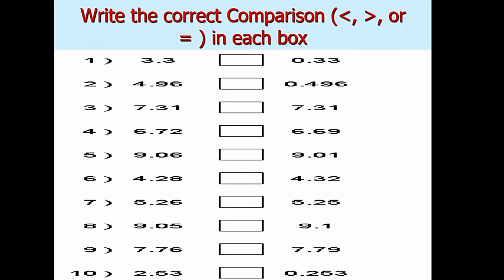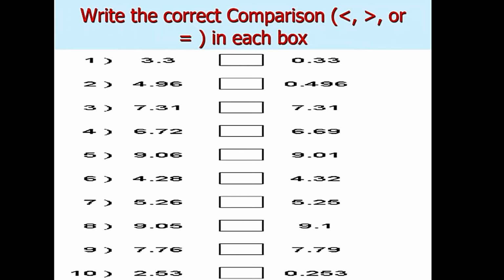All we need to do is compare the decimals. And you need to remember, in comparing decimals, you need to check from left to right. Start with the whole numbers, followed by the decimals. If they have different whole numbers, you can compare directly without the decimals.